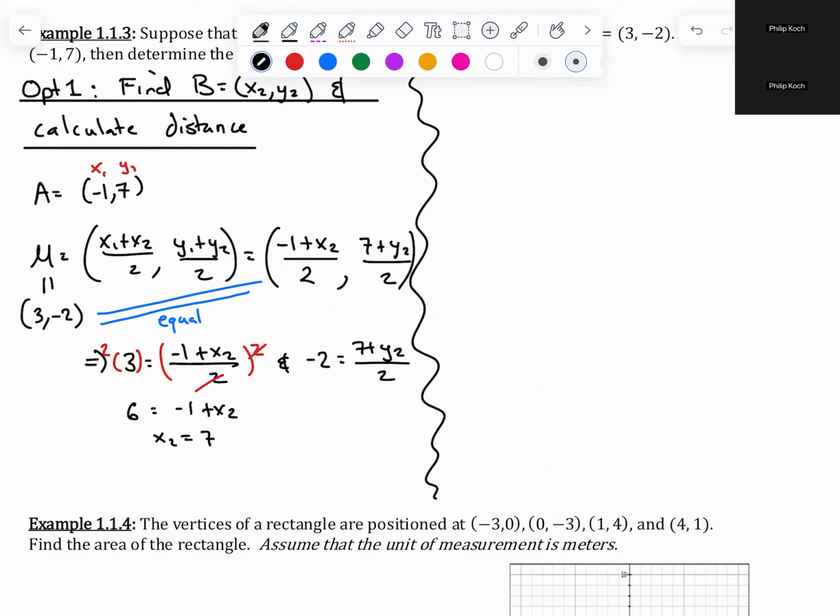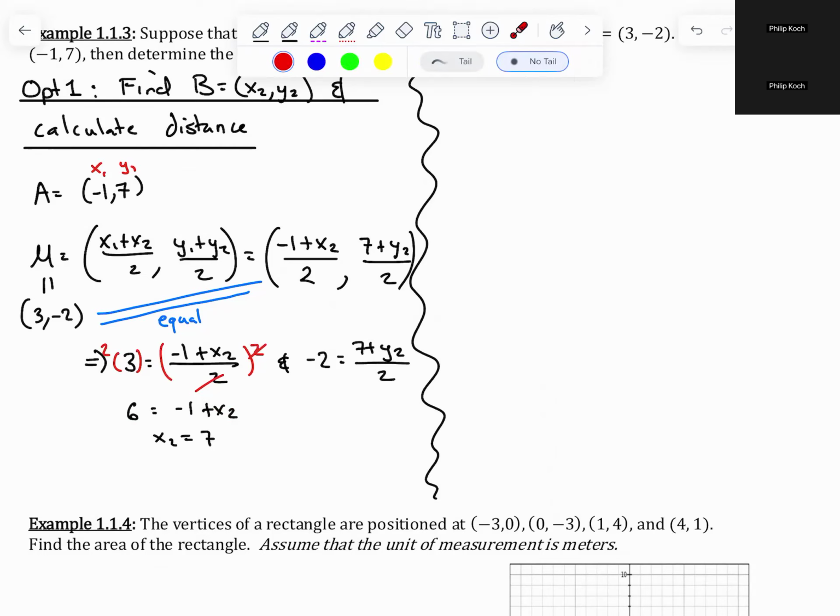Any questions so far? How'd you get 7? I added 1 to both sides to get the x sub 2 by itself. By a similar argument, for the y sub 2 equation, I multiply both sides by 2 and subtract the 7.